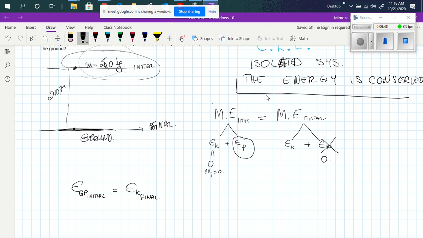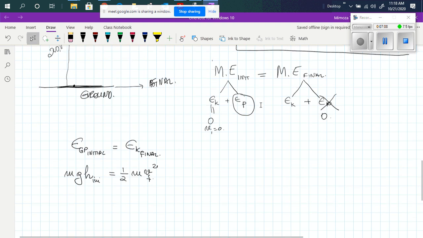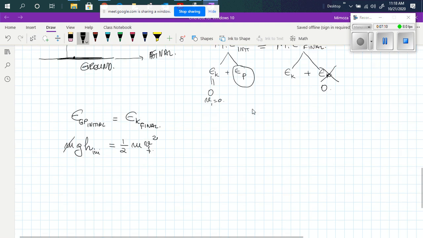The gravitational potential energy formula is m g h initial, and the kinetic energy formula is 1/2 m v squared final. Now, as you see from this relationship, we can just simplify the masses. Mass will be irrelevant in this case, okay?